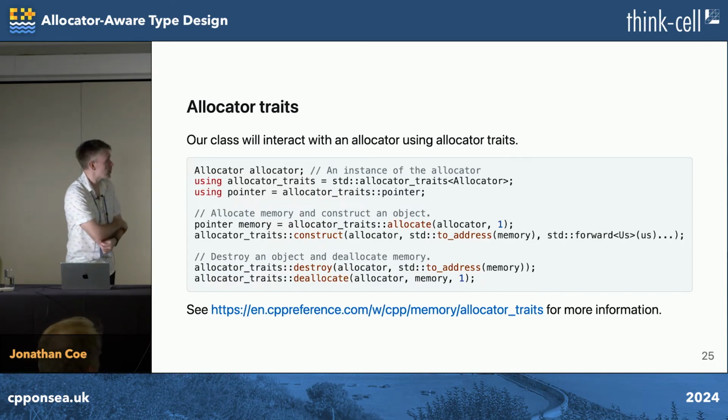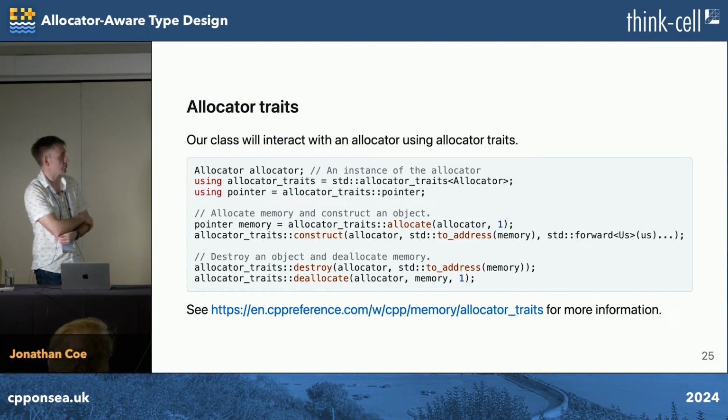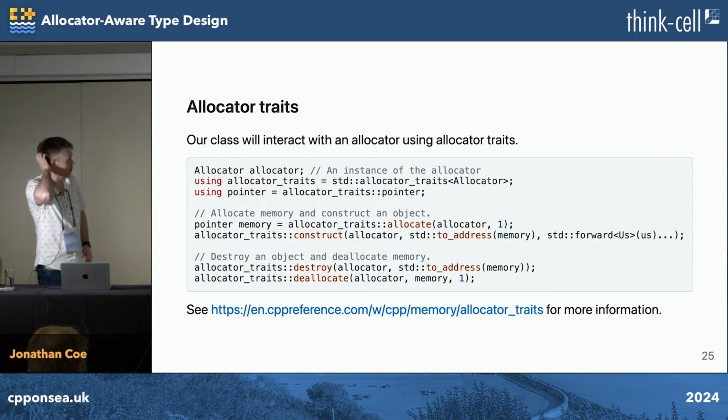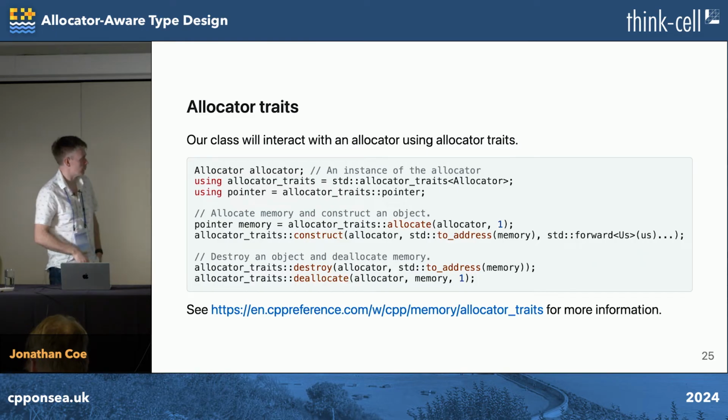We then pass that pointer into allocator traits construct, which takes in the allocator, and then the raw address of the memory, which may not be the same as the pointer itself. So if it's a fancy pointer, there may be some jumping around required to get the actual raw memory address from the memory returned in the line above. And then we pass in whichever arguments we want to pass to the constructor. I've put std::forward in there to make it generic, but whatever you want to construct it with.